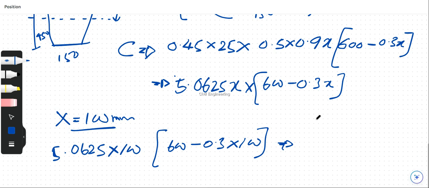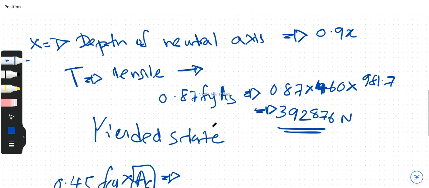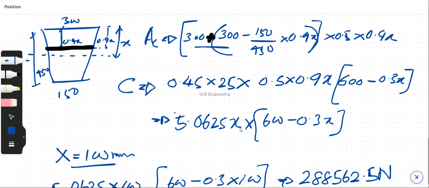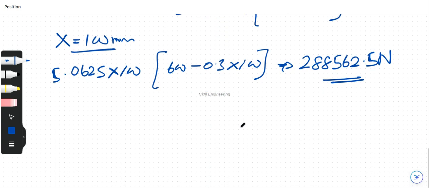That is 288,562.5 Newton. If x is equal to 100 millimeters, the compressive strength which can be taken by this concrete section is equal to this value. This is much lower than the tensile force. So the neutral axis is lower than this 100.